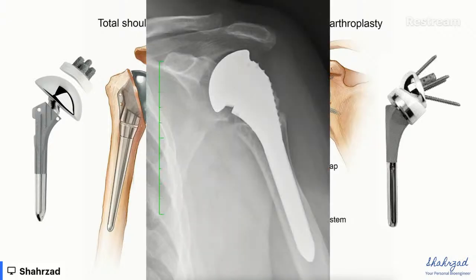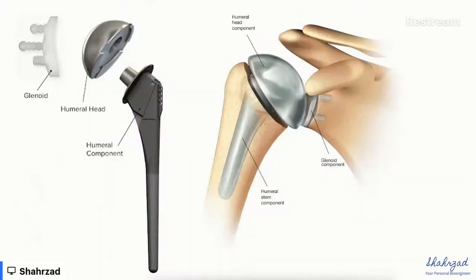Okay, so moving on, we have here the components of a shoulder joint replacement system, and you can see there are different materials and different designs.